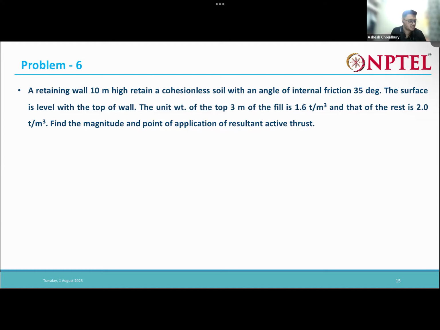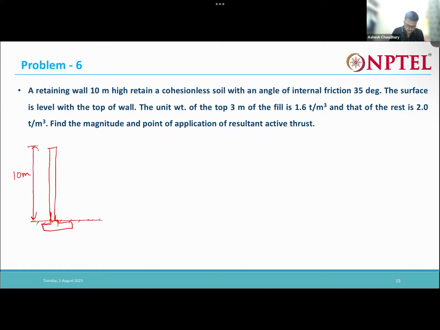Right. Okay. So just draw it. So we have this 10-meter high retaining wall, right?